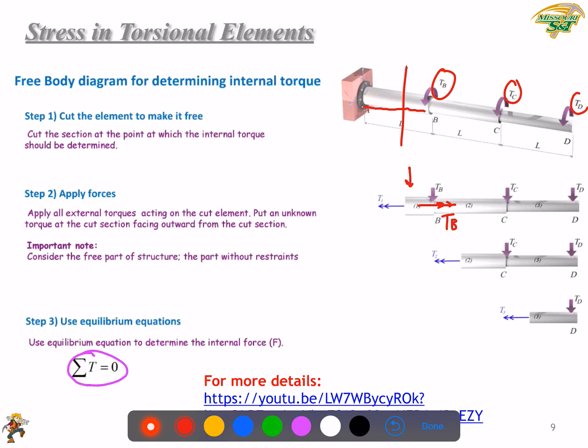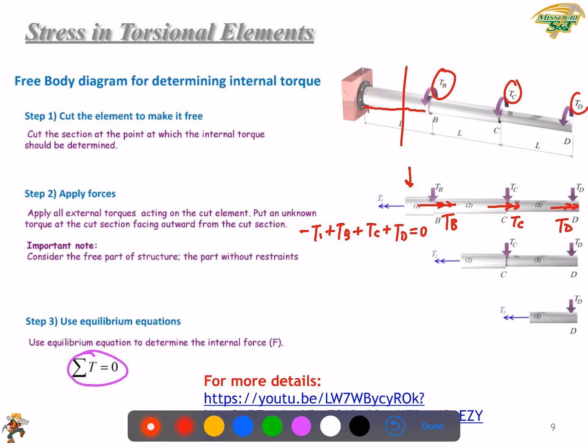Here you look at TC, it will be in the same direction. And here TD, the same direction. So based on the first free body diagram, you can get an equilibrium equation. That is negative T1 plus TB plus TC plus TD equals 0.